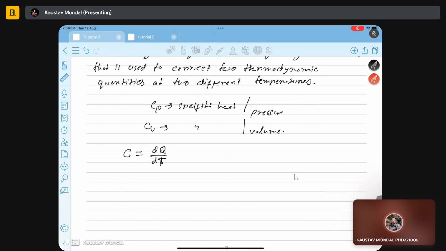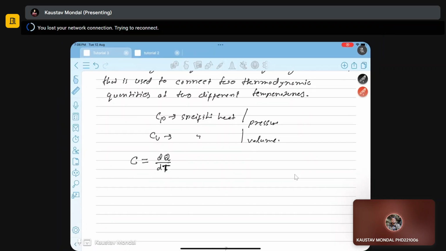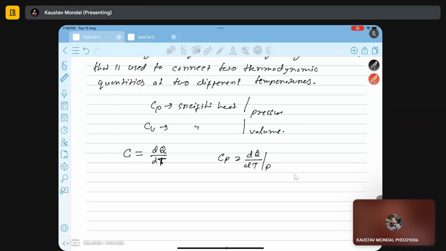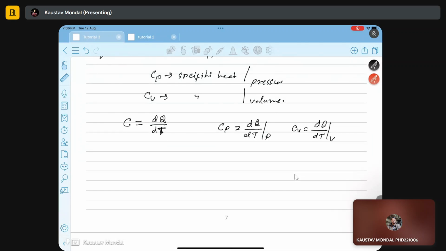Now, depending upon what quantity you kept constant, Cp would be dq by dt at constant pressure, or Cv would be dq by dt at constant volume.